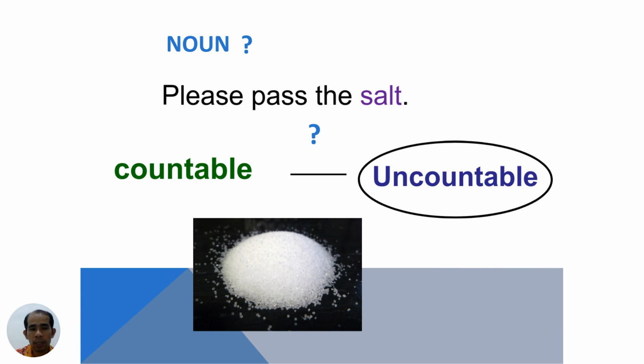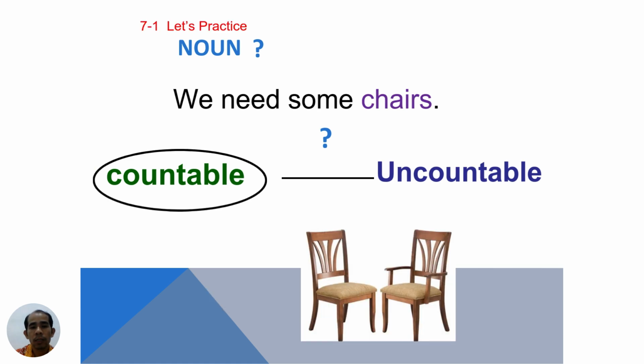Salt here, is it countable or uncountable noun? Of course, uncountable noun. We can count the salt with the measurement. Example, a spoon of salt. Sesendok garam. And then next, we need some chairs. Chairs in this sentence, is it countable or uncountable? It is a countable noun in the plural form.